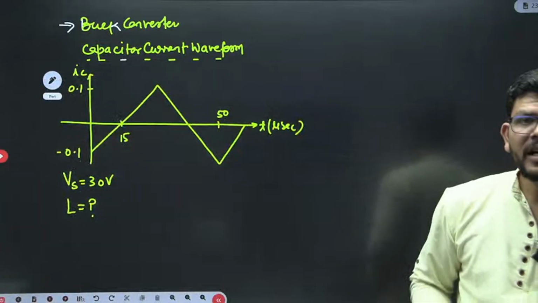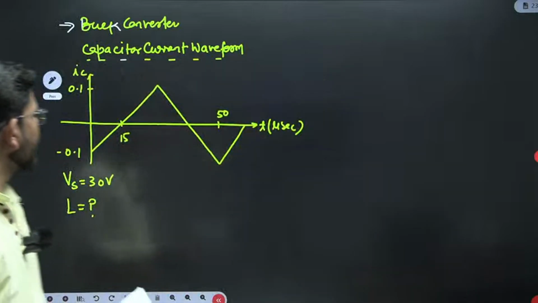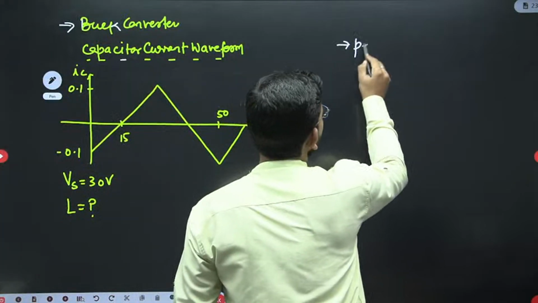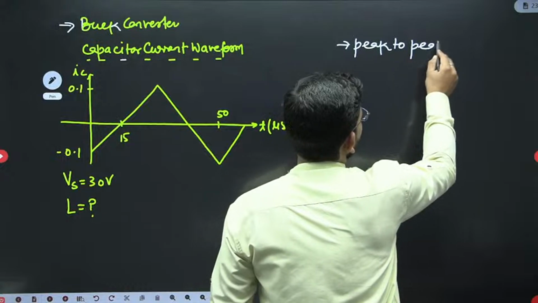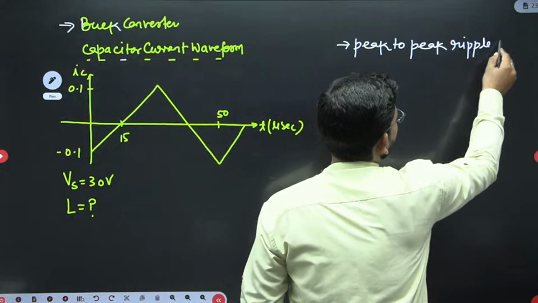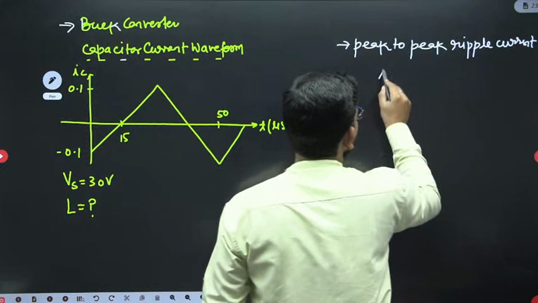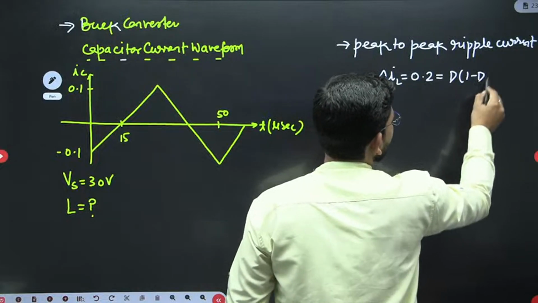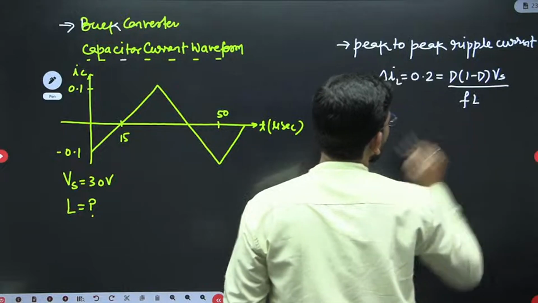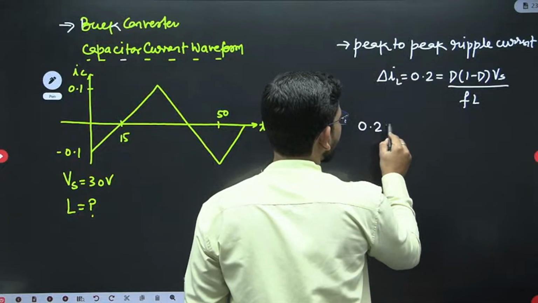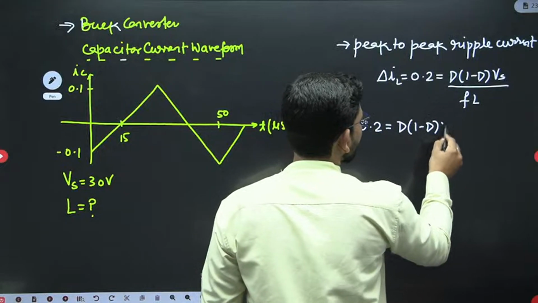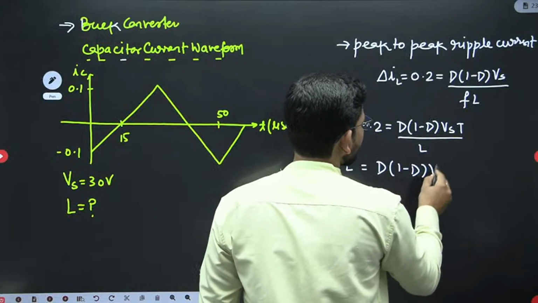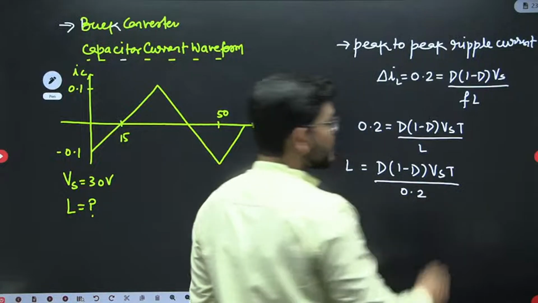From this capacitor current waveform, what you can see is the peak to peak ripple current, that is delta IL, will be 0.2, and you know the formula, it is D(1 minus D)Vs over F into L. Or you can write 0.2 equals D(1 minus D)Vs into T over L. You have to find L, so L will be D(1 minus D)Vs into T over 0.2, correct.